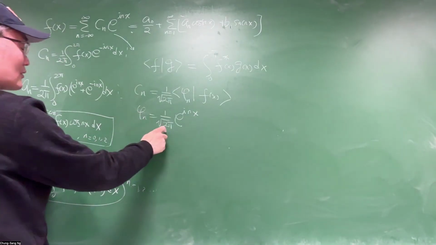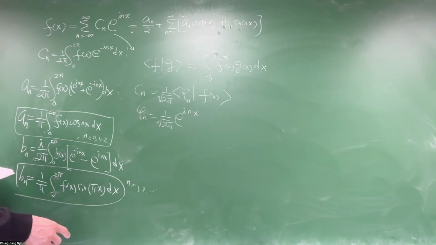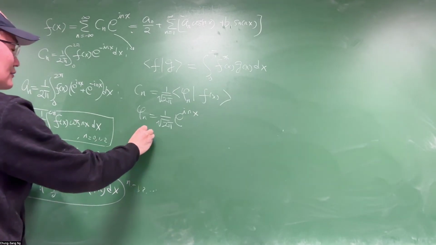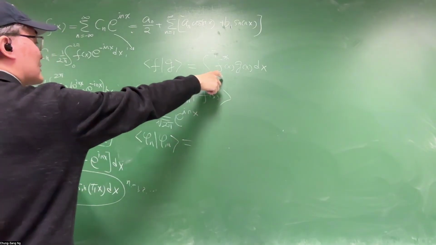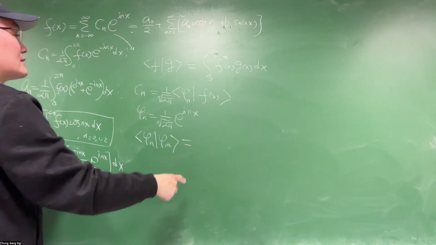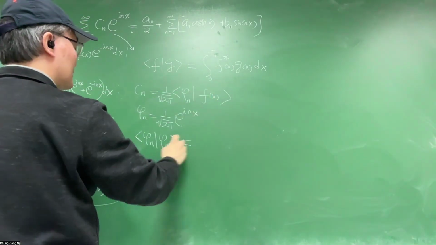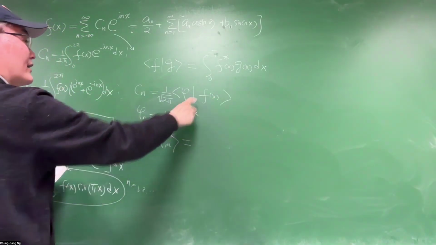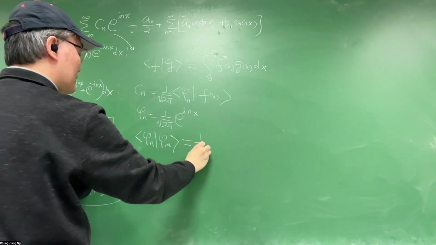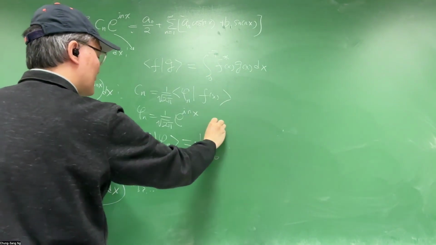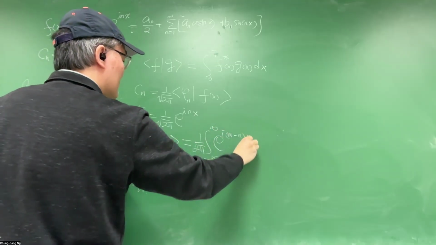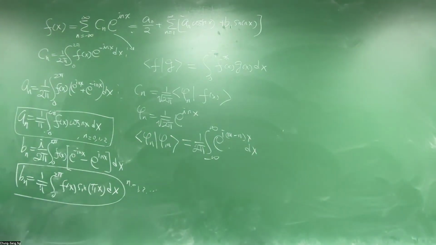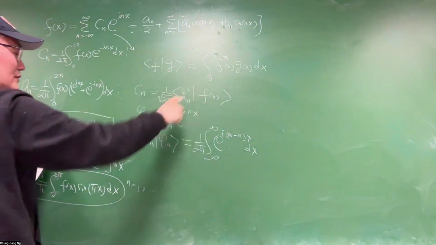And we introduce this normalization such that it's so-called orthonormal. So take phi m and phi n: you just use this definition, and the definition of the scalar product is 1 over 2 pi, integrate e to the i m minus n x.